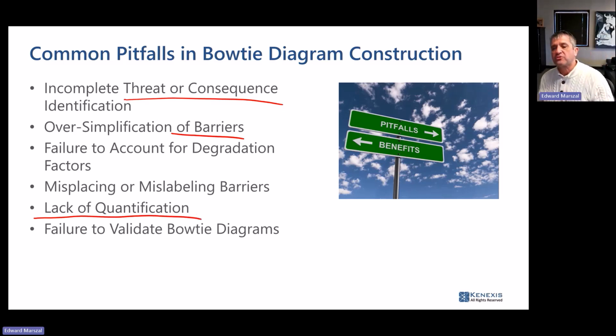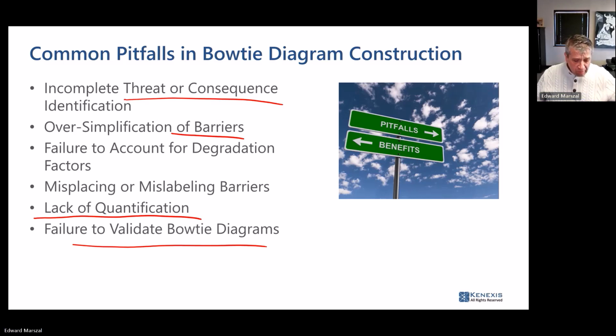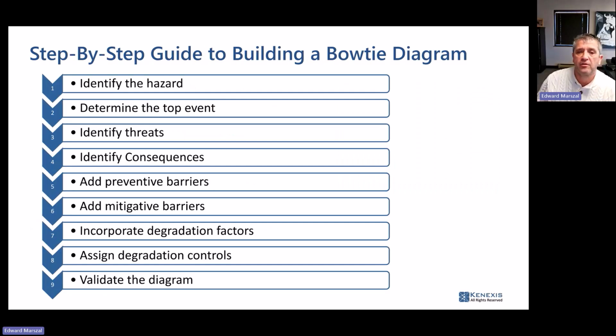Now, a lot of times all you want is a picture, but putting numbers on that bow tie diagram is something that started in layer of protection analysis and can get carried through the overall process. And finally, failure to validate your bow tie diagram. So not going through that process of making sure that what's on paper matches the policies, procedures, and equipment of what's actually out in the field.